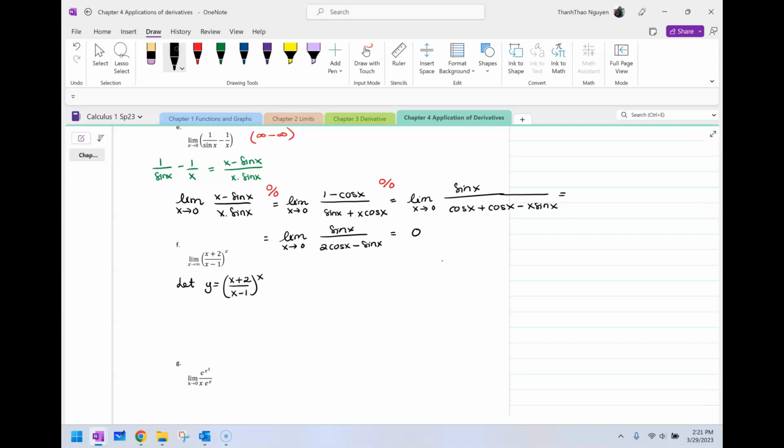Then if I take ln of y, I get x times ln of x plus 2 divided by x minus 1. This means the limit as x approaches infinity of ln of y is equal to the limit as x approaches infinity of x times ln of x plus 2 over x minus 1.